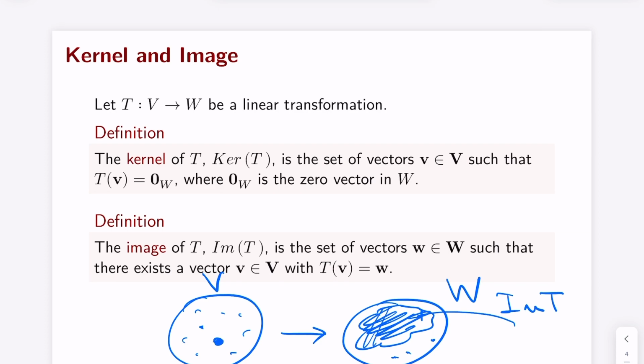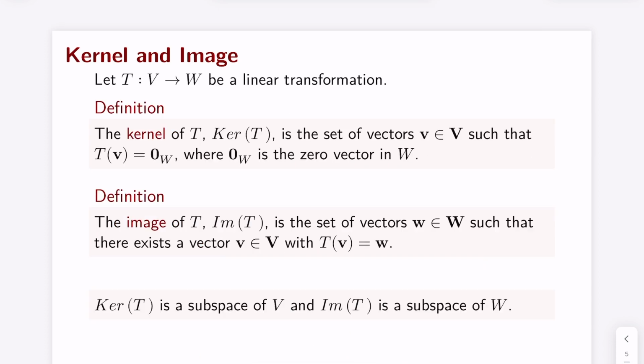So the image is only the ones that do have a vector in V that they come from. And now that we know what a subspace is, we can say also that both the kernel and the image are subspaces. So they are not just subsets of the domain and the codomain, but are also subspaces.